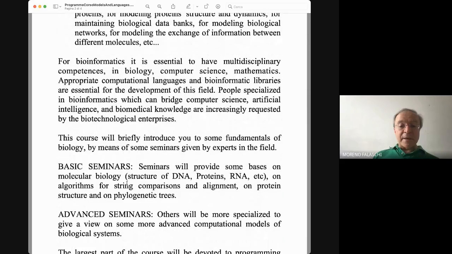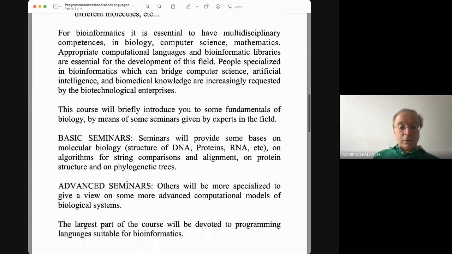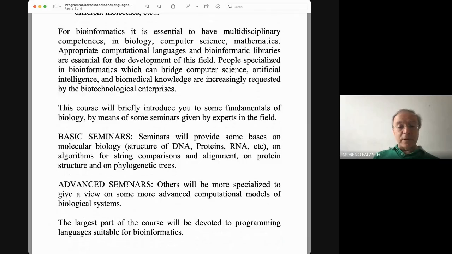So some basic seminars will provide the basis on molecular biology, about the structure of DNA, proteins, RNA, etc., on algorithms for string comparison and alignments, on protein structure, and on phylogenetic trees, which are essential for modern evolution. So some other advanced seminars will give more specialized view of bioinformatics and more advanced computational models of biological systems.